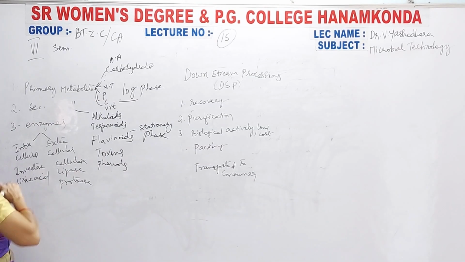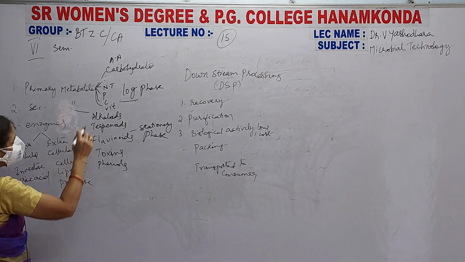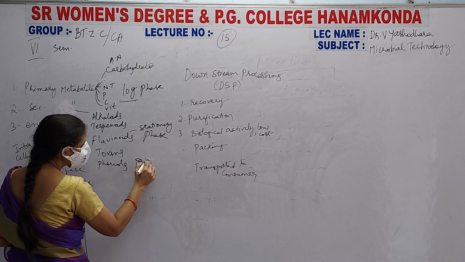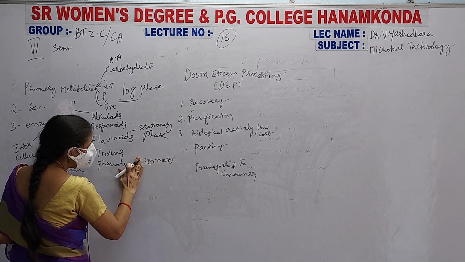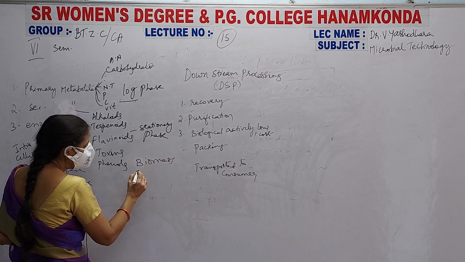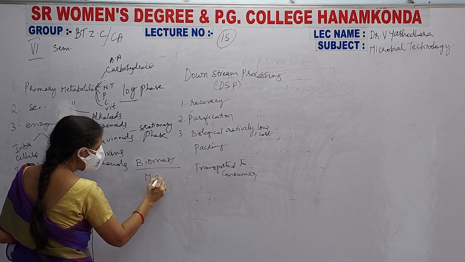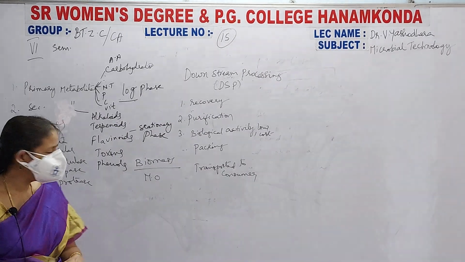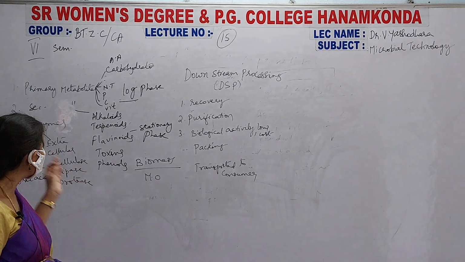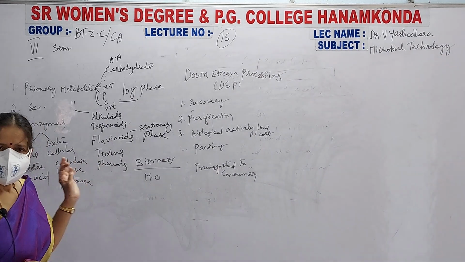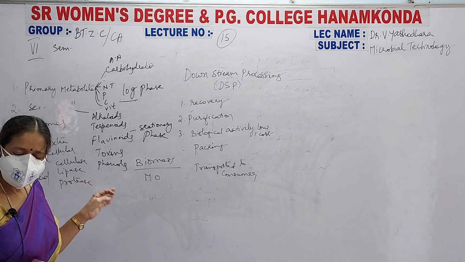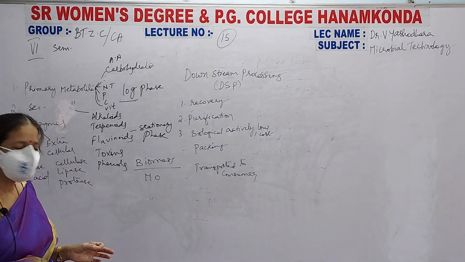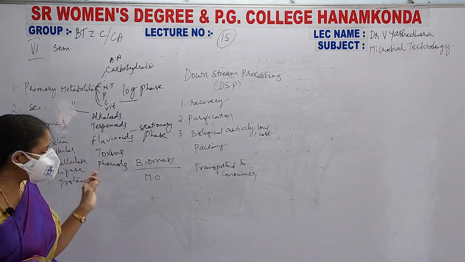Now after all these, the most important thing is your biomass. What is biomass? Biomass is nothing but the microbial cells or microorganisms. The cells of microorganisms is called biomass, that are responsible for the production of your primary metabolites, secondary metabolites, next your enzymes, etc. are produced because of the presence of these microorganisms.